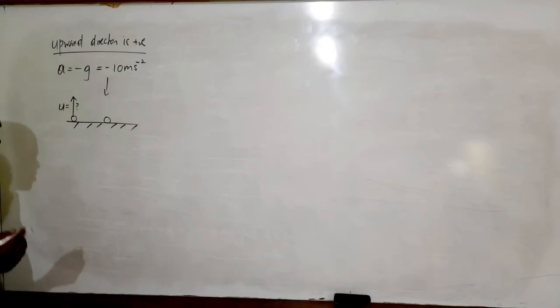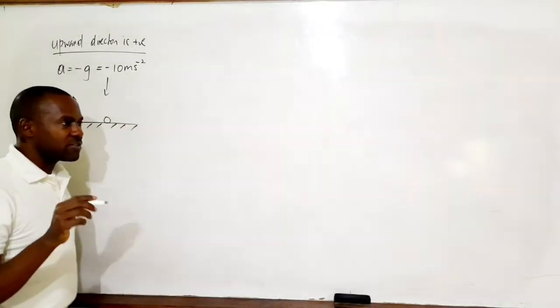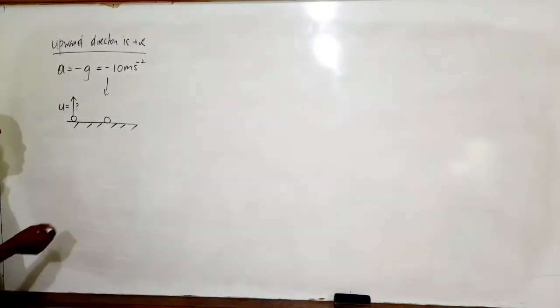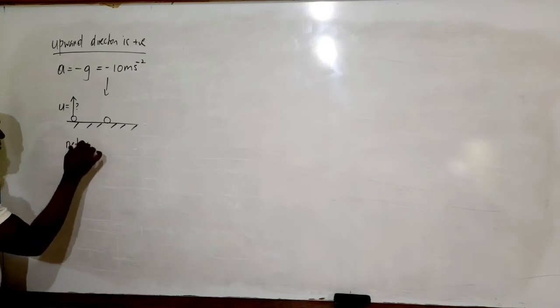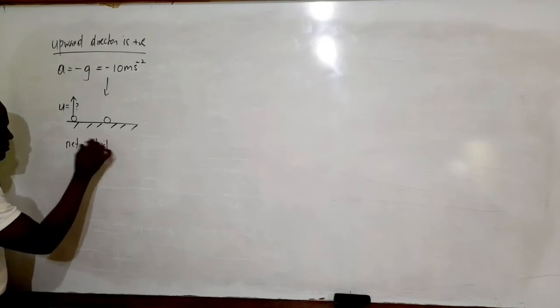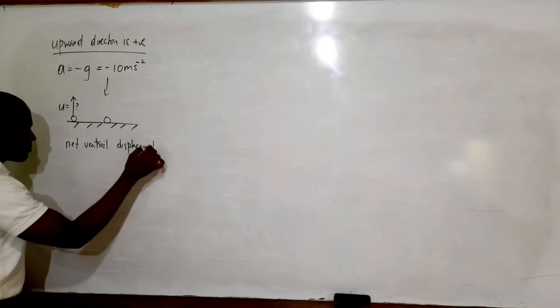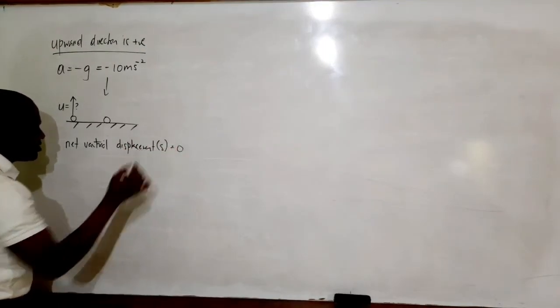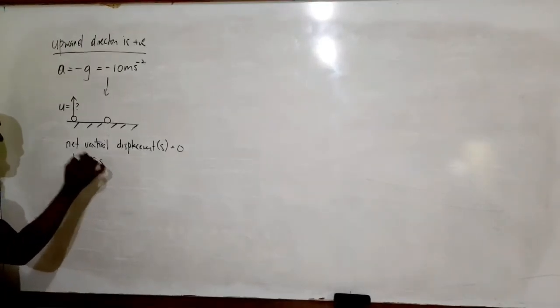So we say that when the stone returns to its initial level of projection, the net vertical displacement s is equal to 0, and we have a time of 5 seconds.